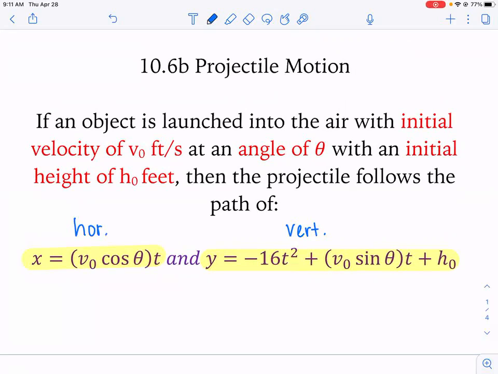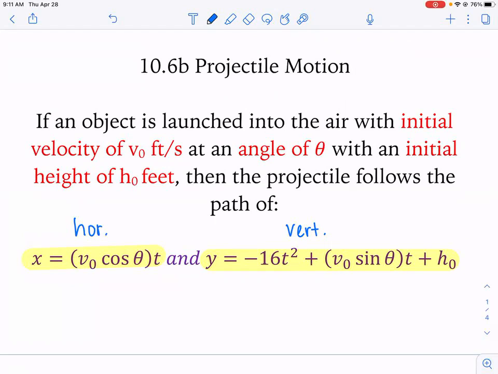Question, what's the height of the ground? 0. Does it make sense to have negative heights? No, we're gonna cut it off at 0. Our equations are going to be able to give us negative numbers, but it's not going to make sense in the context of the problem. Negative numbers mean below the ground, so we're not going to worry about those.